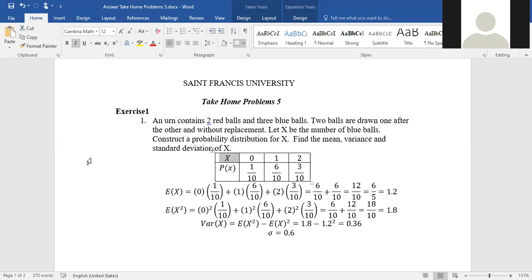And then 2 blue is blue, blue, which is only one outcome, with probability 3/10. So we have our probability distribution here.